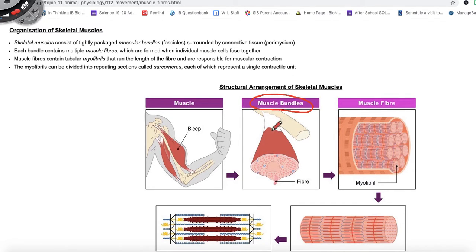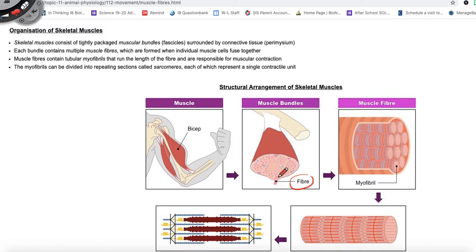And these muscle bundles are surrounded by connective tissue. So all of this right here is a muscle bundle. Now, within the muscle bundle, we find the muscle fiber, which is this. Okay, so within muscle bundles, we find muscle fibers.